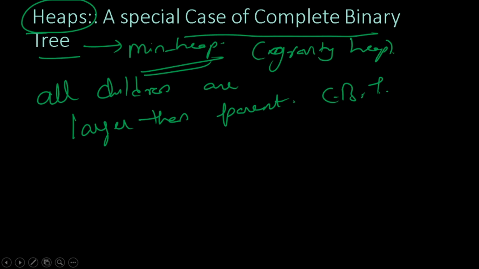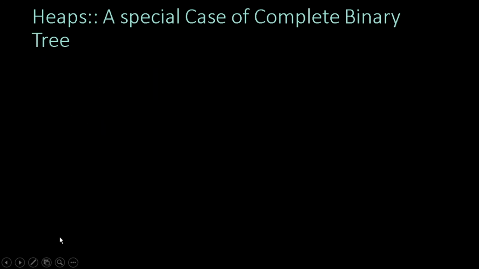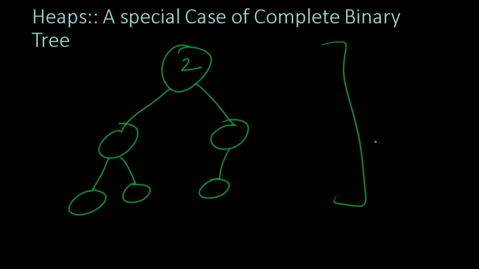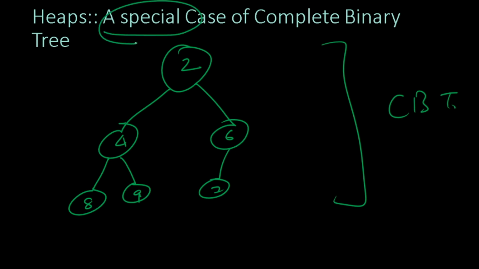We'll see what that means. So 2, it has 2 children. So is this a CBT? This is a complete binary tree. So 4, 6, 8, 9, 7. This is a complete binary tree and it is meeting the criteria.